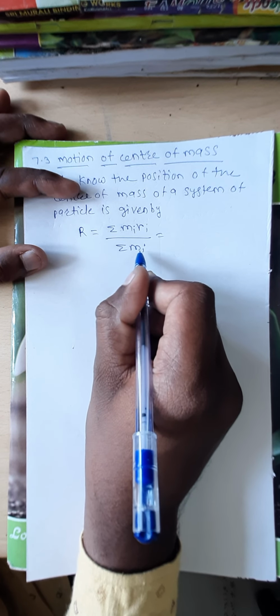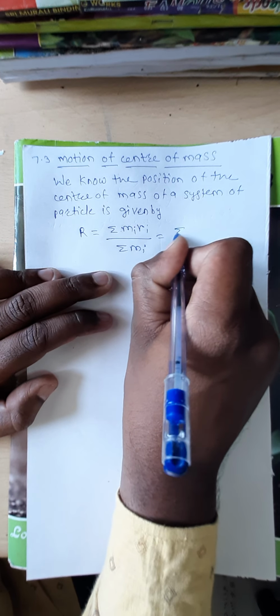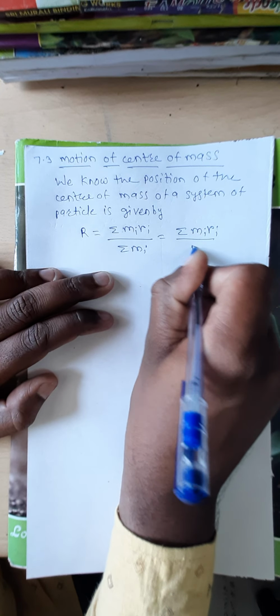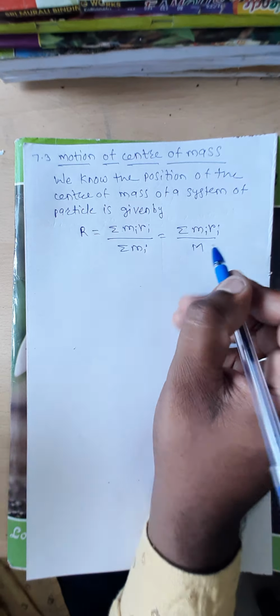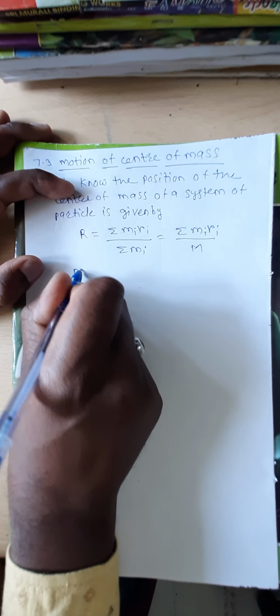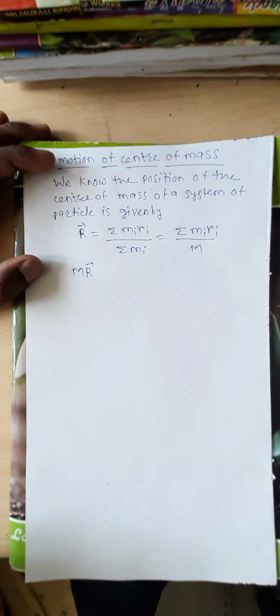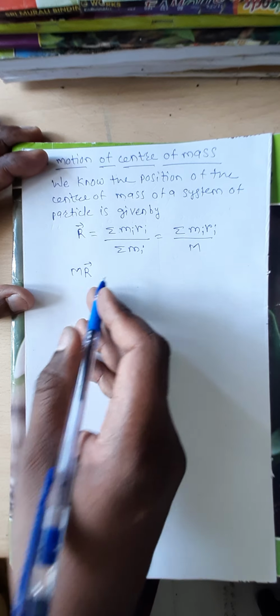Summation of mi is nothing but the total mass of the body. Therefore, this is equal to summation of mi ri divided by M, where M is the total mass of the body. Then taking cross multiplication, M into R, where R is the position vector of the center of mass of a system of particles.